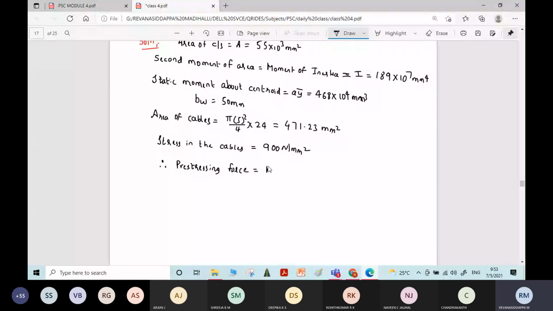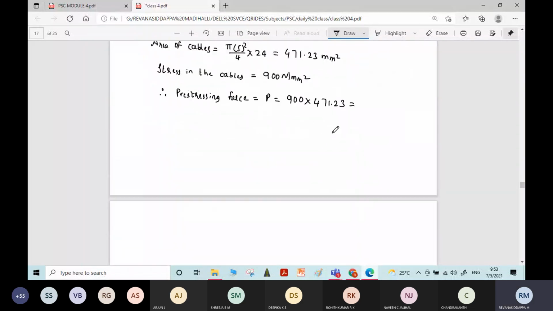Stress is 900 into area of cable 471.23. Yes, 424.10 into 10 power 3 Newton, or 424.1 kilonewton.